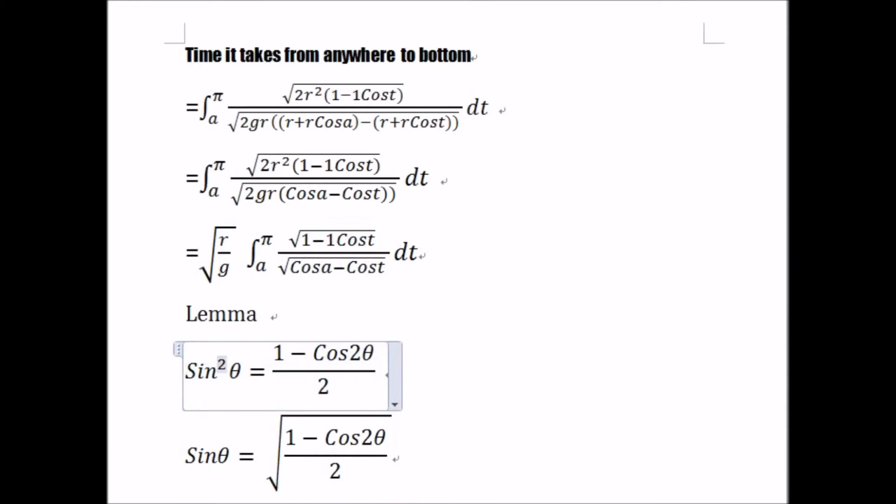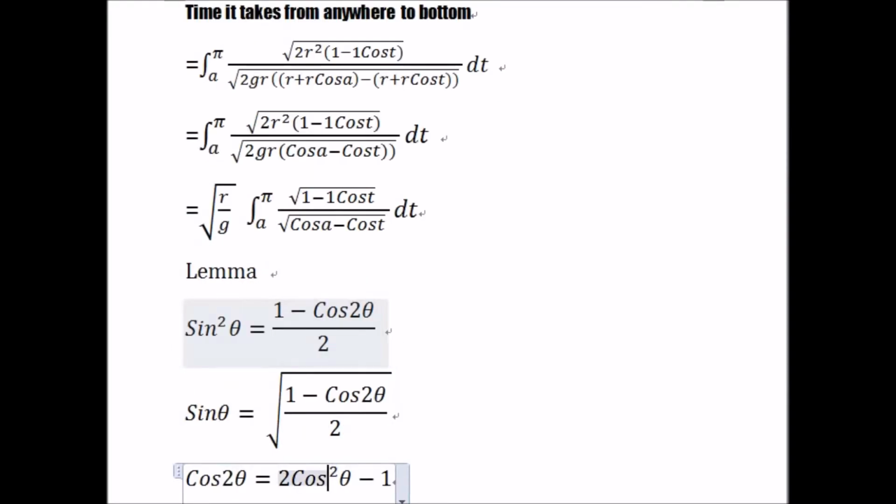We are going to face this massive formula, but we have to know some side equations to simplify further. Some of the equations are sine squared theta equals (1 minus cosine 2 theta) over 2, and if you take the square root of both sides, sine theta equals the square root of (1 minus cosine 2 theta) over 2.